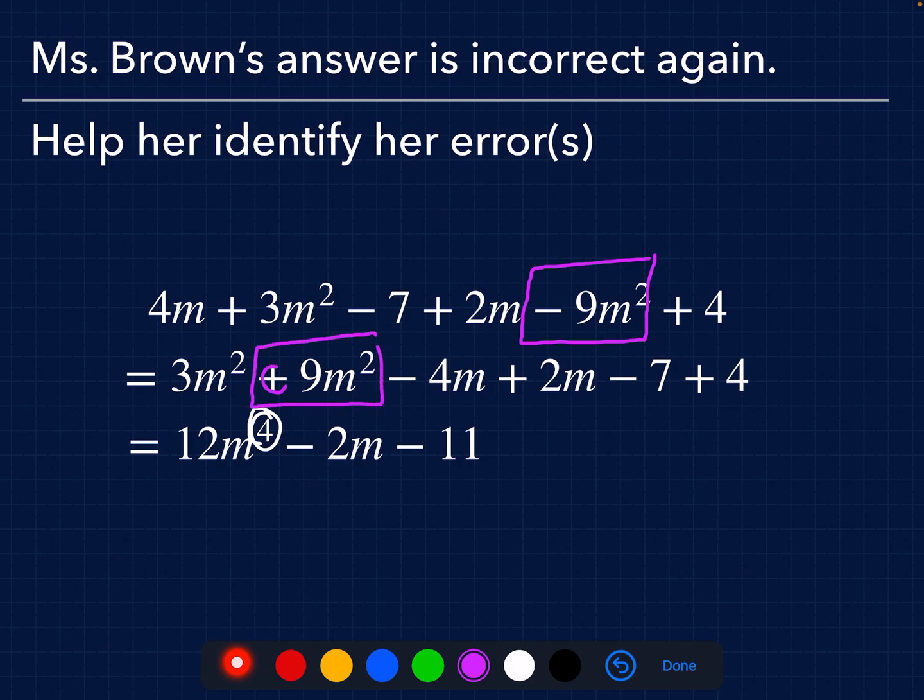So this should have been a subtract. And that happened in a couple other places too. This 4m is technically a positive, should be a positive there. Okay, did that happen anywhere else? No. Okay, so then the last thing that they noticed was I got minus 11 there from here.